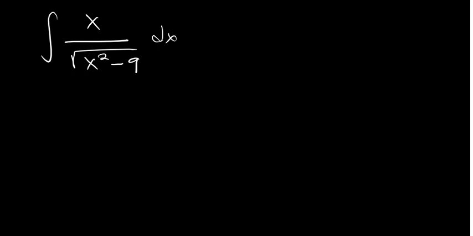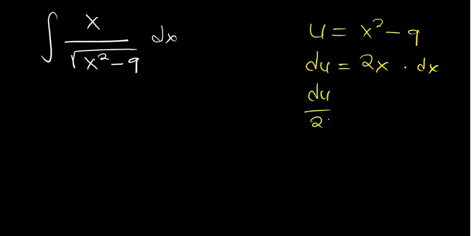So let our u be equal to whatever is in the denominator, square root, so we have x squared minus 9. If we differentiate that, du is going to be 2x. If we make dx a subject, we have du over 2x is equal to dx.